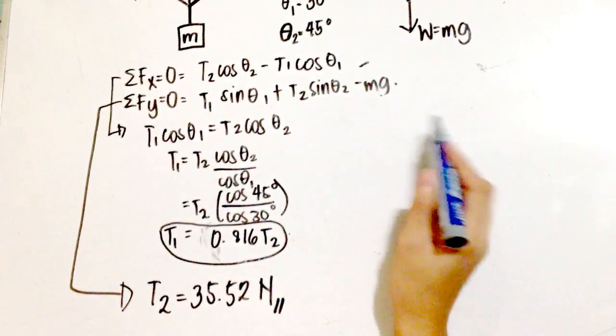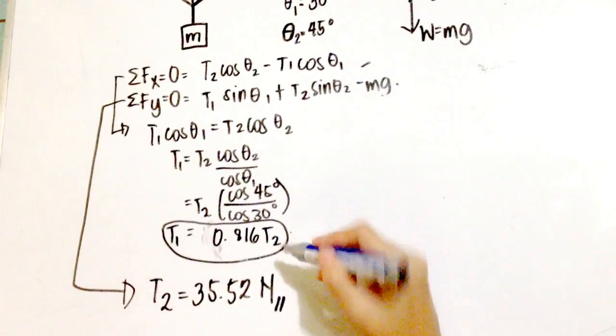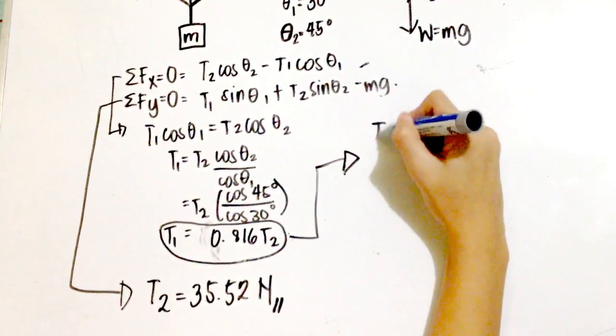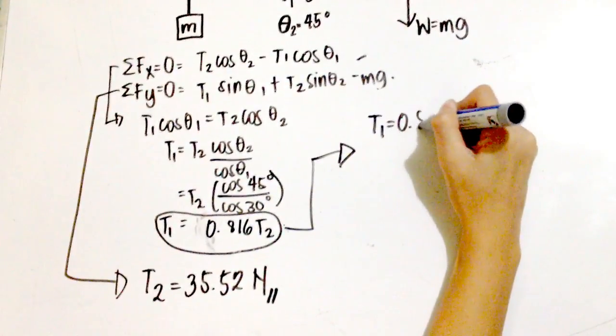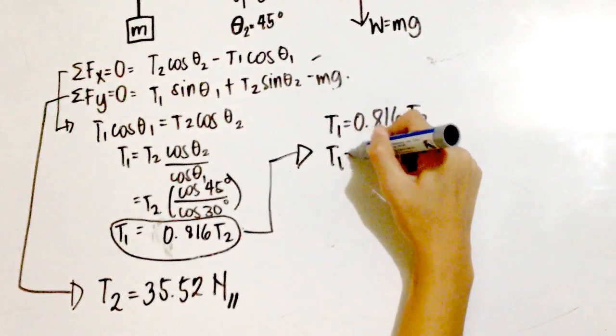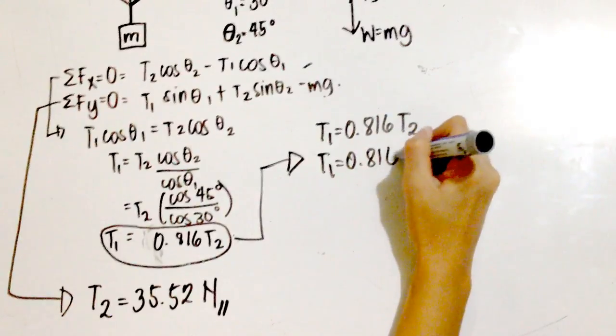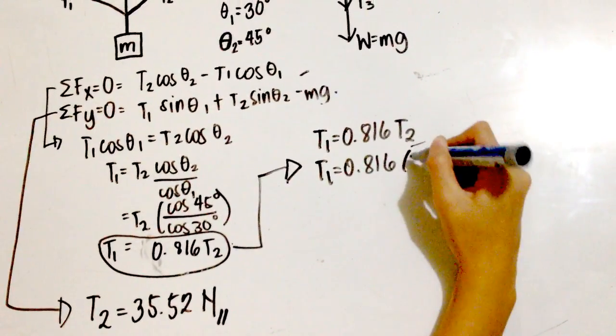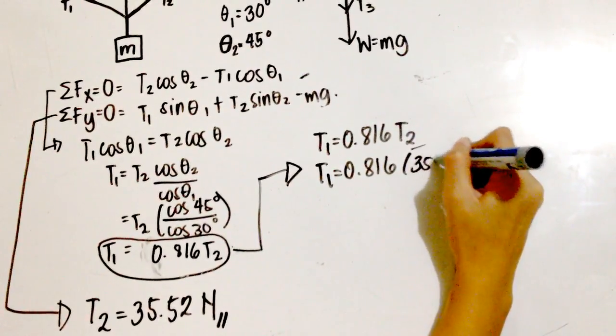So since T2 is already determined, let's go back to our first equation, which is not yet completely solved. Then we'll have T1 is equal to 0.816 T2. Then substitute it to 0.816 times 35.52 Newton.